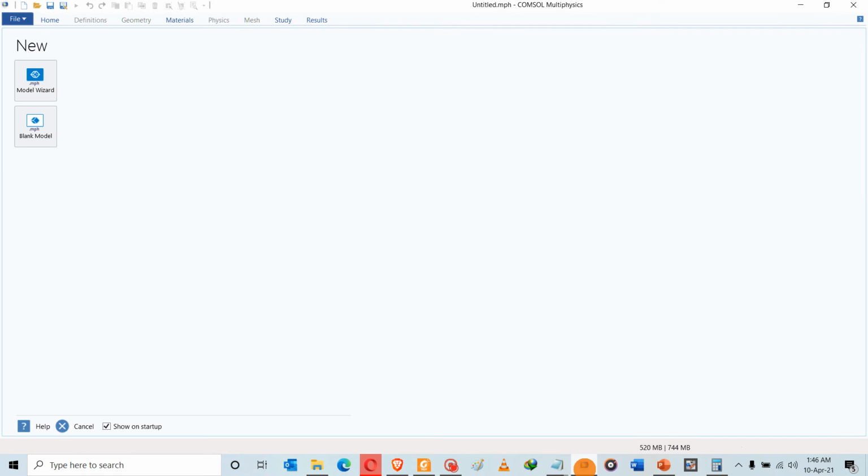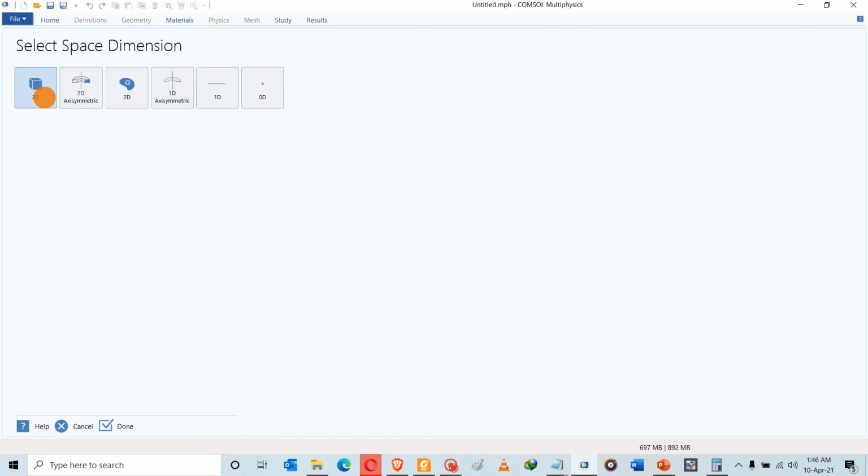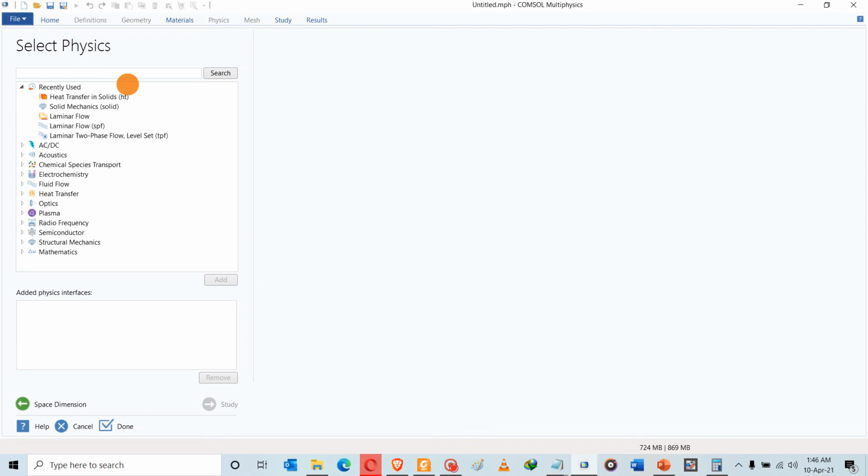Opening COMSOL Multiphysics. To create the model, we are going to choose Model Wizard. And then to select a space dimension, we're going to choose 2D because we're going to simulate a cross-section of the sample or workpiece that is going to be machined by the laser when the laser is moving across that surface.